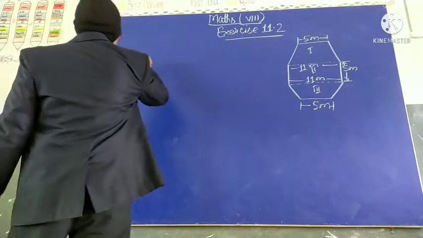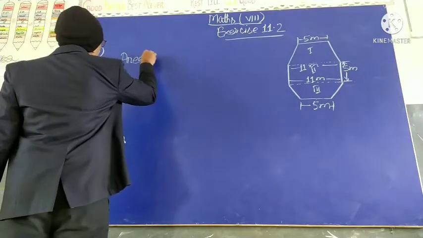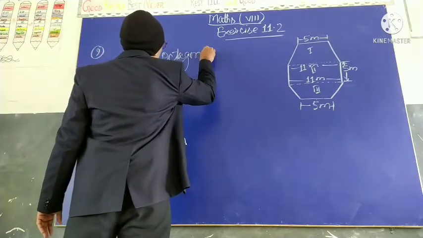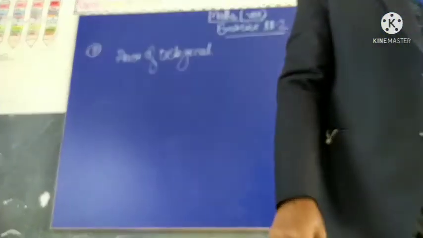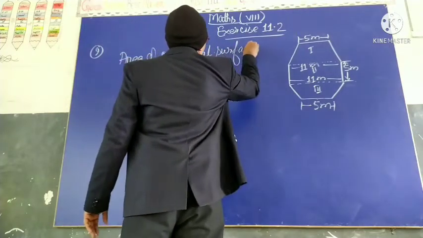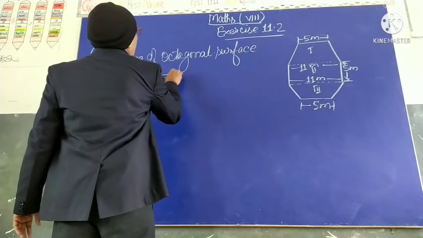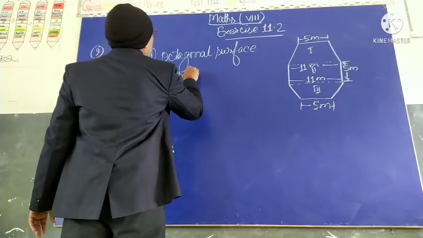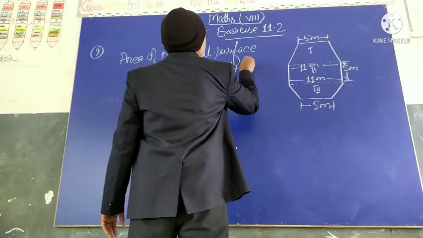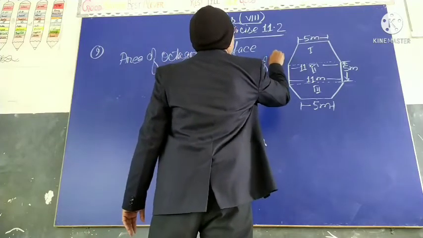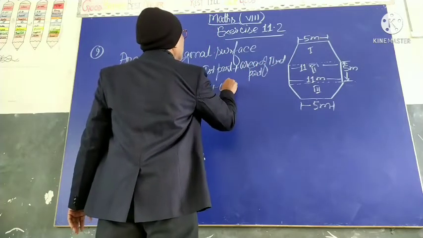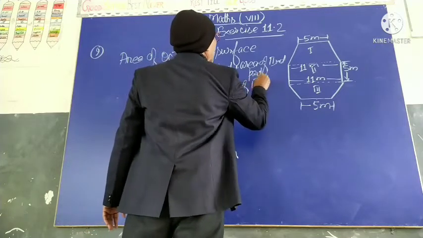You write down: area of octagonal surface is equal to area of first part plus area of second part plus area of third part.